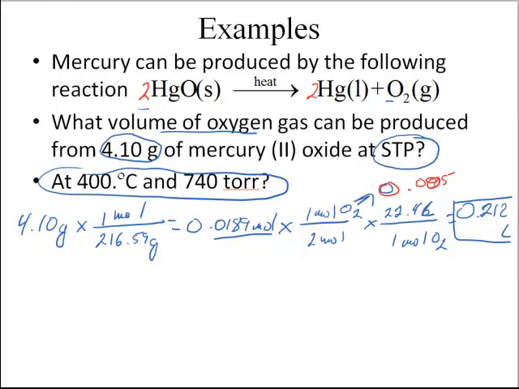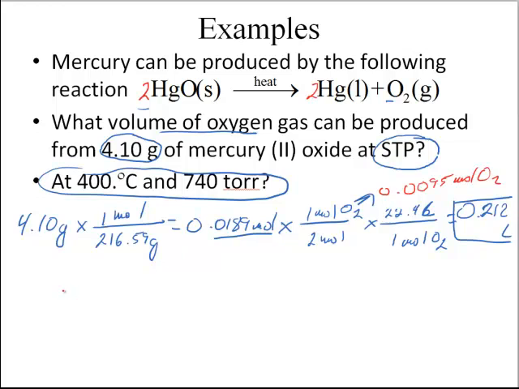0.0095 moles of O2. Now why that's important is because I have conditions that are not standard temperature and pressure, so I've got to use PV=nRT.